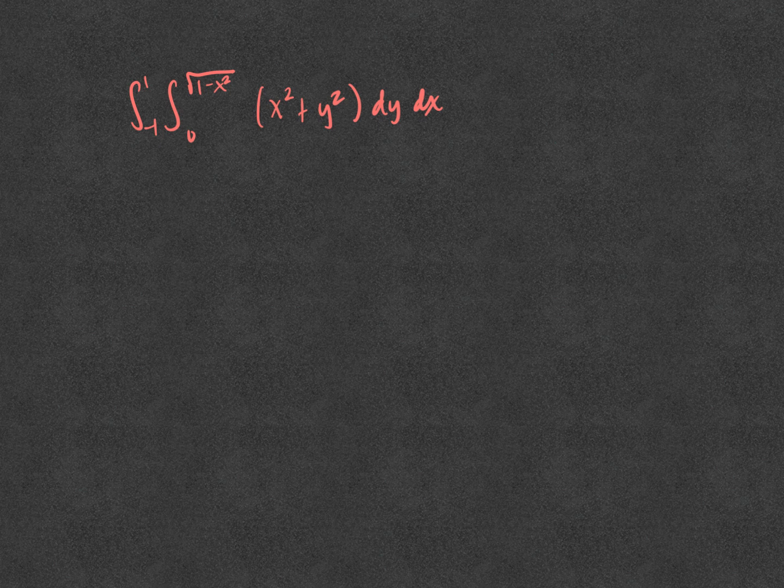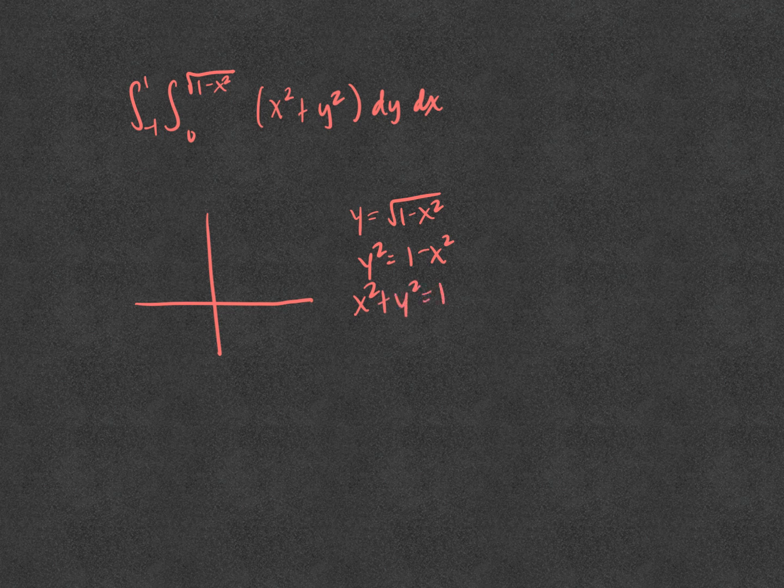If you think about 1 minus x squared, think about the bounds, 1 minus x squared from negative 1 to 1. So if we say y equals the square root of 1 minus x squared and square both sides, y squared equals 1 minus x squared. So x squared plus y squared equals 1. So you have a circle where the x values go from -1 to 1.